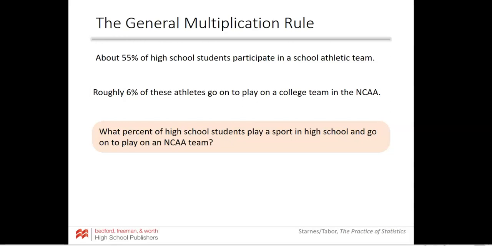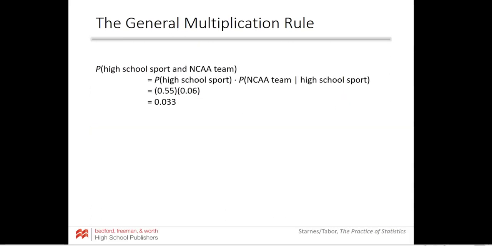There's a given here, in a sense. Given that you play a high school sport, what's the probability of going on to the NCAA? So about 6% of 55%, or 3.3%. Given that you play a high school sport, what's the probability of making an NCAA college team at some point? You just multiply those 2 things together.